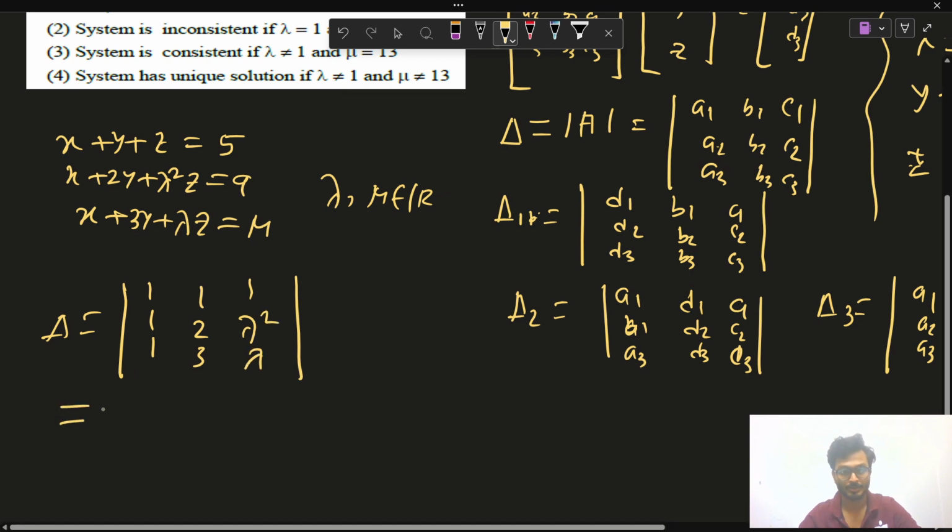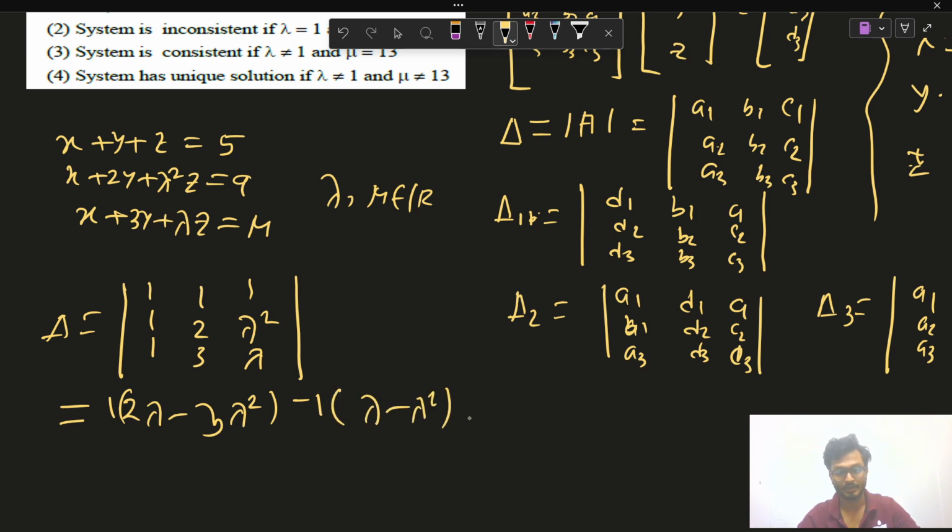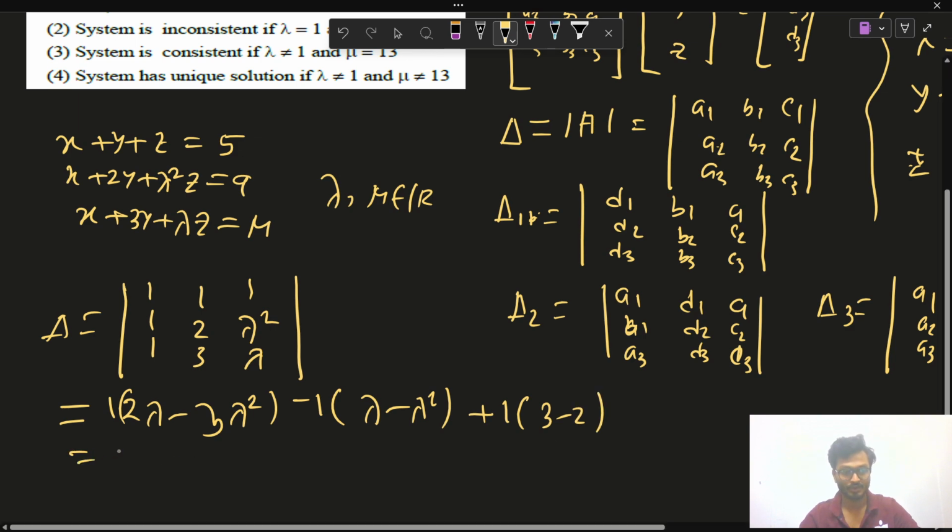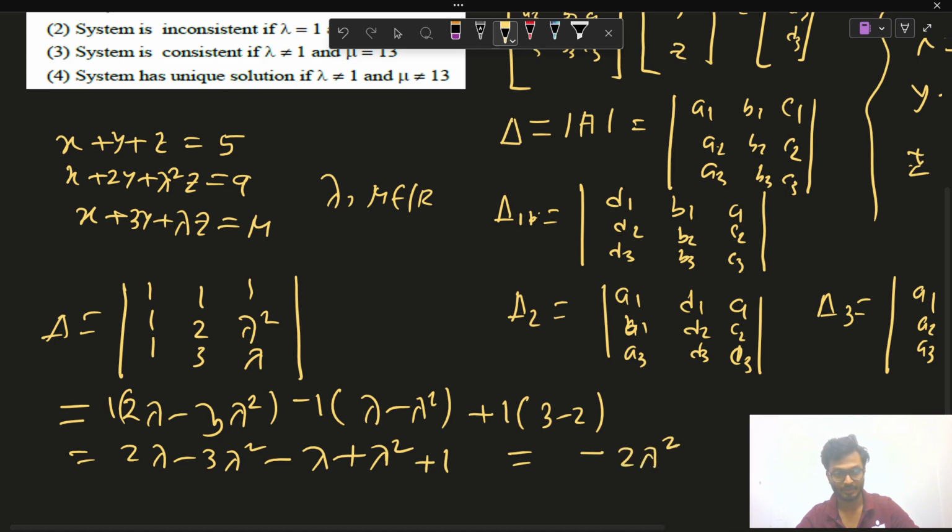Now if we expand this, what do we get? 1 into (2 lambda minus 3 lambda square), then minus 1 into (lambda minus lambda square), plus 1 into (3 minus 2). So this is 2 lambda minus 3 lambda square minus lambda plus lambda square plus 1. So this equals minus 2 lambda square plus lambda plus 1.